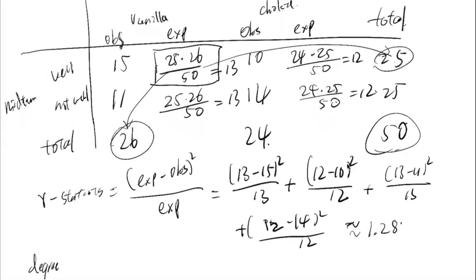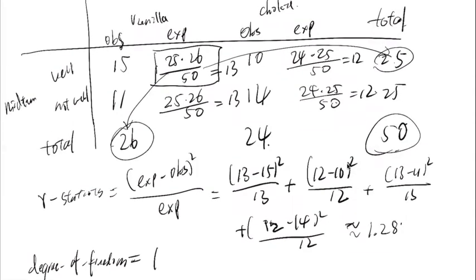And one more important thing is the degree of freedom. The degree of freedom of chi-square goodness of fit is calculated by the total outcomes minus 1. However, in this case we are testing for independence, not goodness of fit.